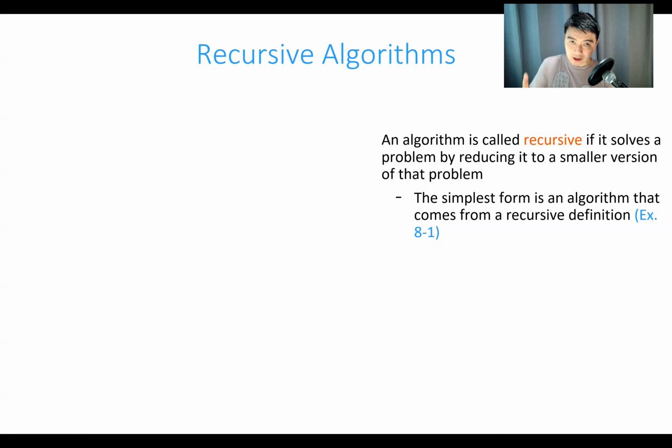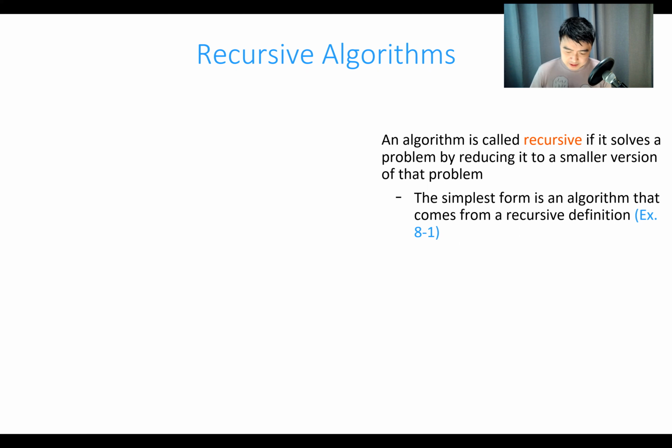So if I describe to you, this is how I'm going to solve a particular problem, the nature of how the algorithm is described to you makes it recursive. So for example, I can say, if you wanted to solve this bigger problem, then first solve the smaller version of the problem and then do this to it to get the bigger version. So that is what we call a recursive solution to a problem.